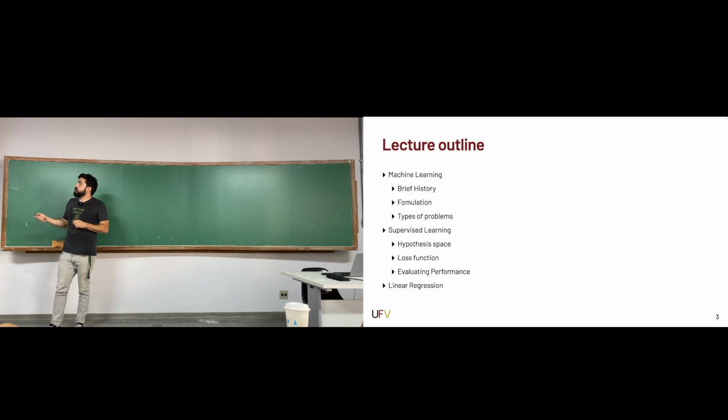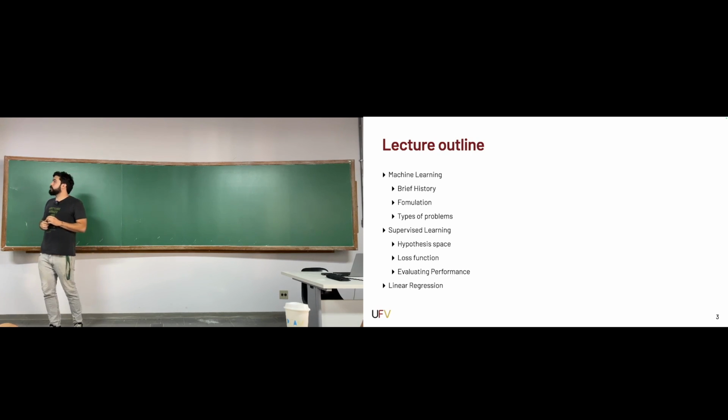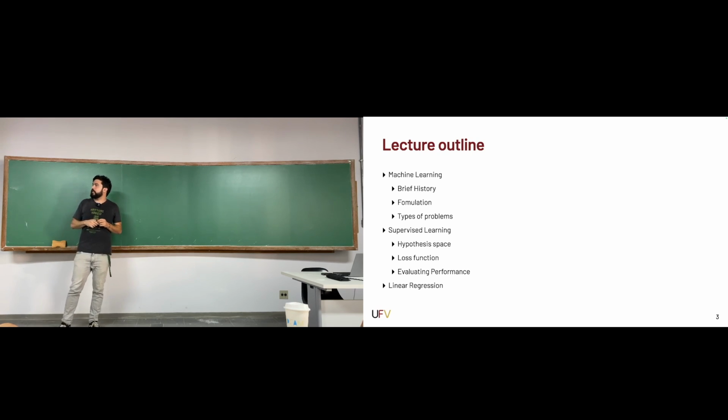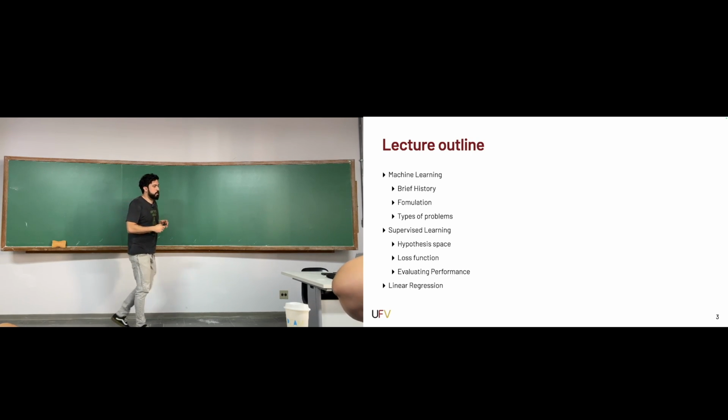But regarding supervised learning, I want to define more formally what we call hypothesis space, loss functions, and how we evaluate performance of such models. And then I want to start with our first algorithm, which is linear regression.